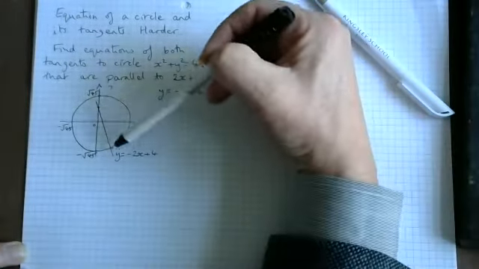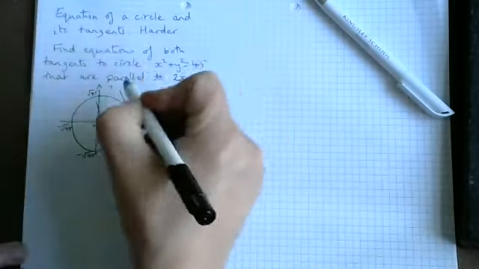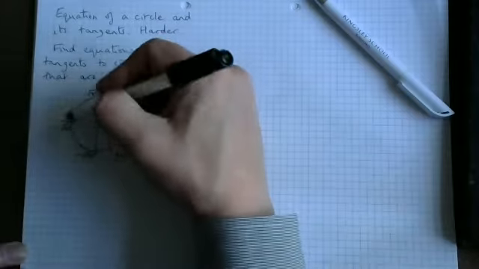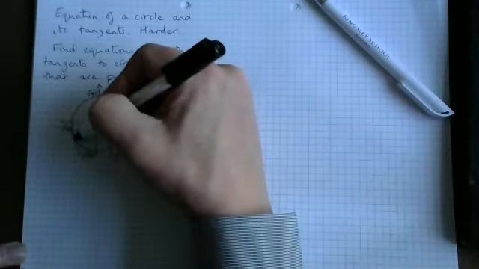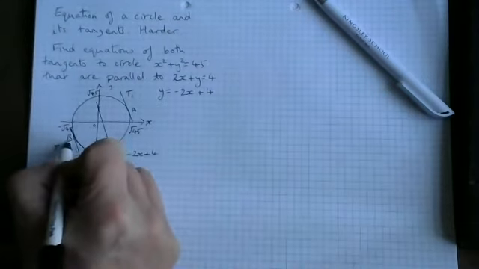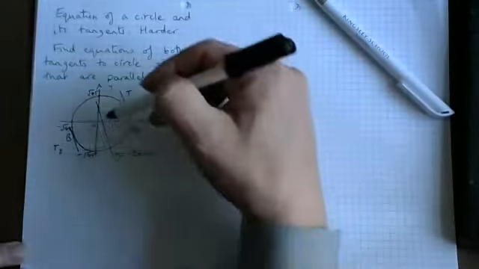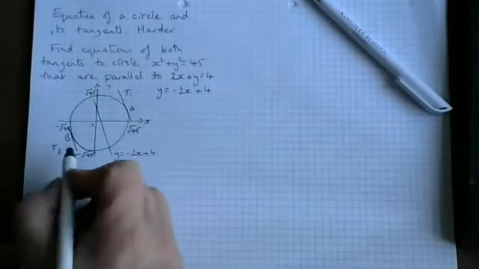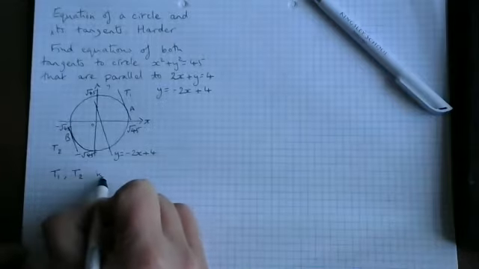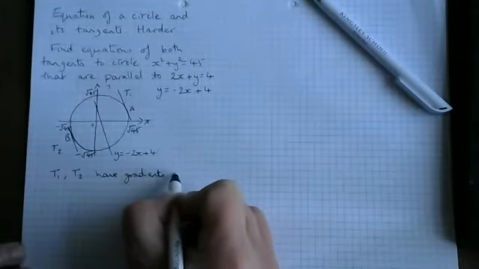Well, the tangents parallel to that line are going to be one about here, so we'll call that one T1, and we'll say it touches the circle at A. And one about here, which we'll call T2, and we'll say it touches the circle at B. We already know what the gradient of these lines are, because they're parallel to this one. So T1 and T2 have gradients minus 2.